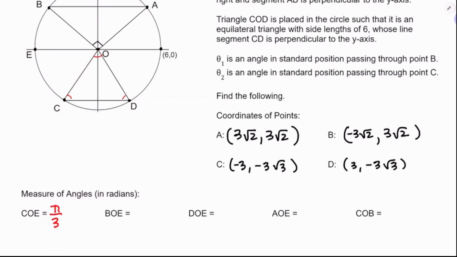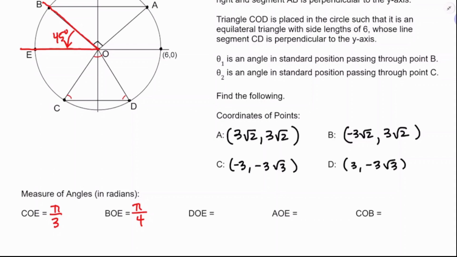All right, BOE. B to O to E, that's going to be 45 degrees because we're using 45-45-90s there. So 45 degrees, that's pi over 4.